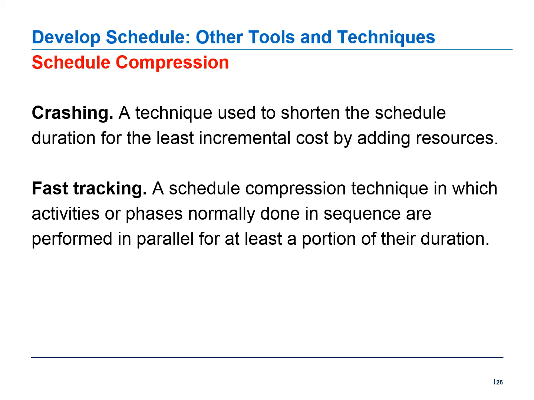Fast tracking, a schedule compression technique in which activities or phases normally done in sequence are performed in parallel for at least a portion of their duration. An example is constructing the foundation for a building before completing all of the architectural drawings. Fast tracking may result in rework and increased risk.